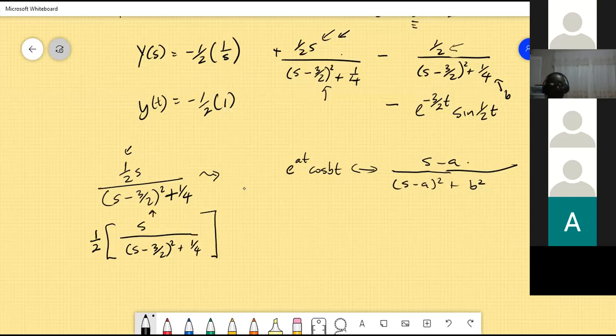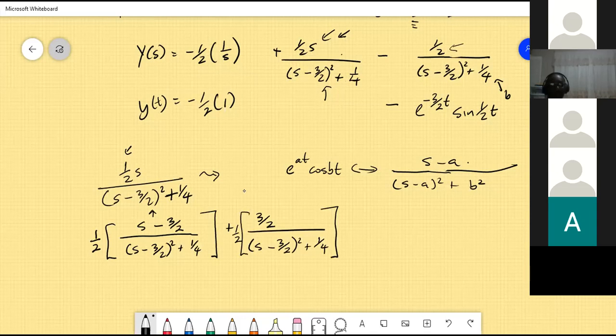So if we put minus 3 over 2 up here, then we're going to have to add back 3 over 2 with the half outside. This is what we're talking about there.